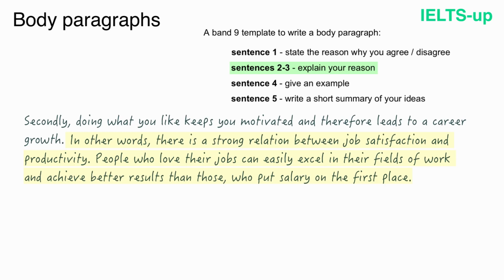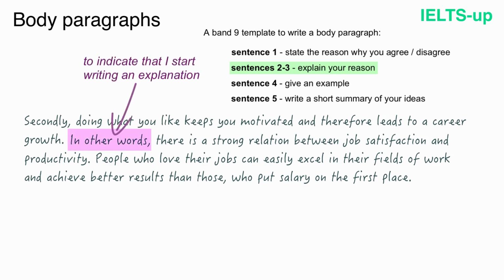People who love their jobs can easily excel in their fields of work and achieve better results than those who put salary in the first place. Look at how I used the phrase "in other words" to indicate that I start writing an explanation. It is a very nice technique.